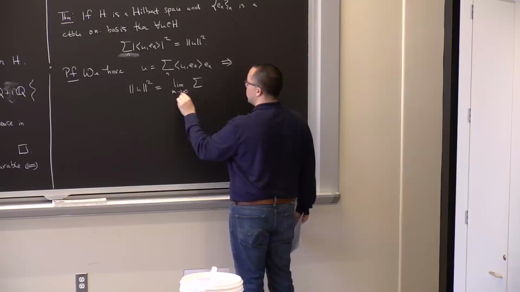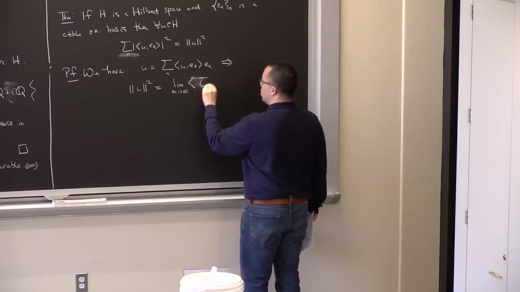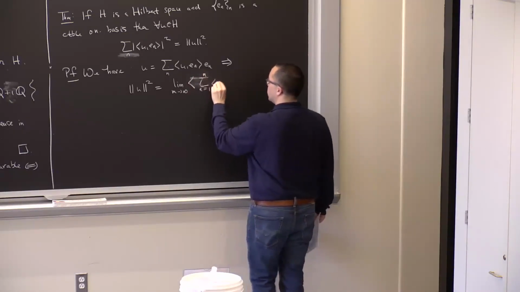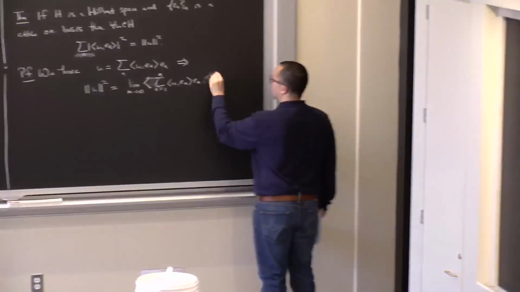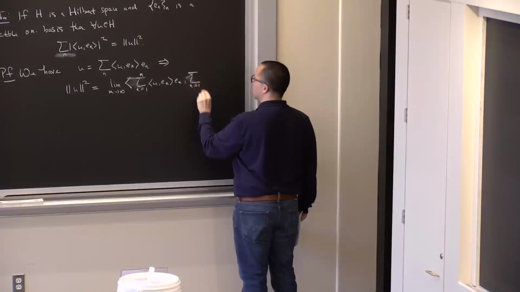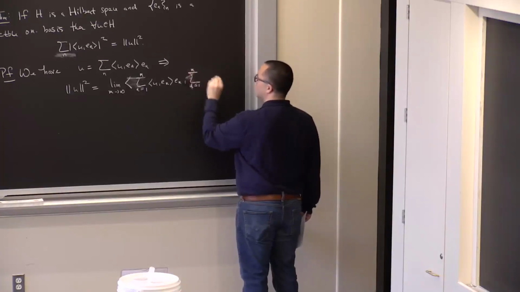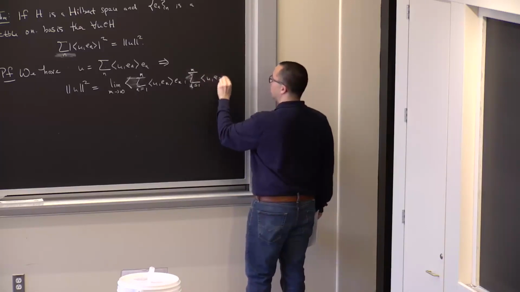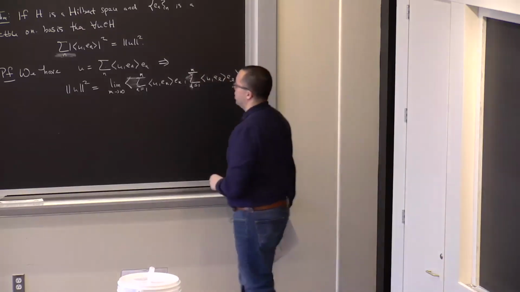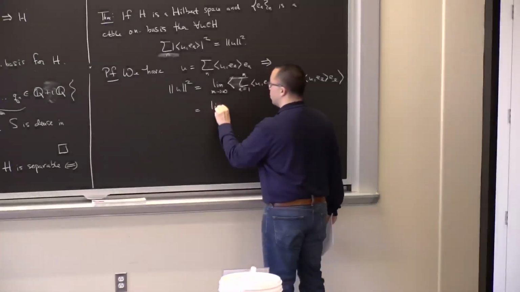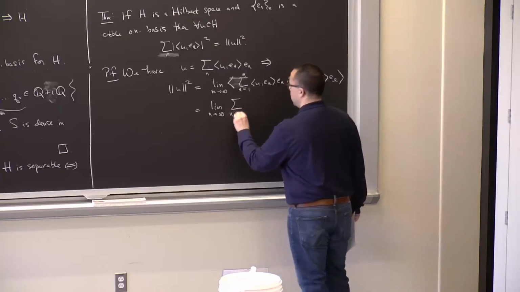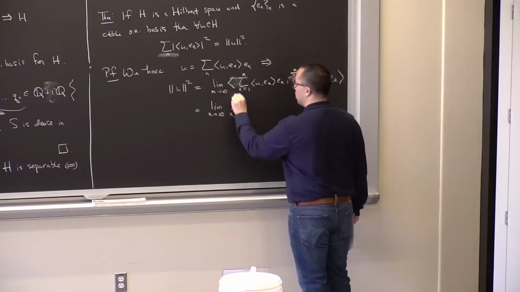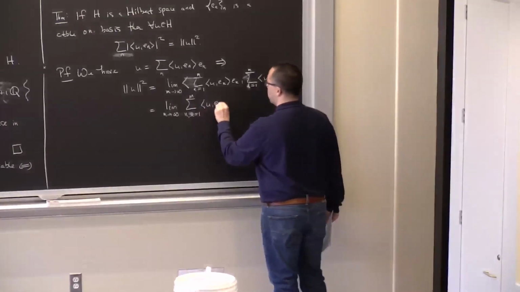But the limit as m goes to infinity of the sum from n equals 1 to m of (u, e_n) e_n, with the sum from l equals 1 to m of (u, e_l) e_l, and this is equal to the limit as m goes to infinity of the sum over n, l equals 1 to m of (u, e_n).